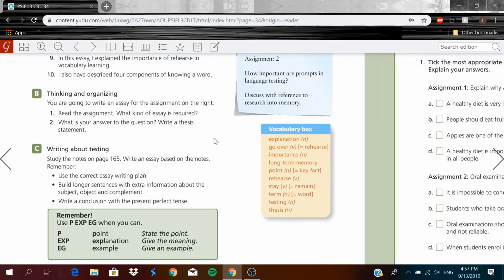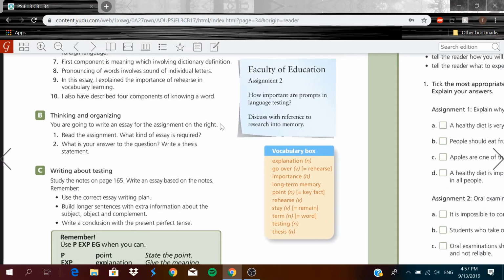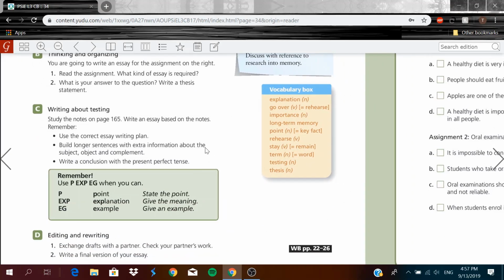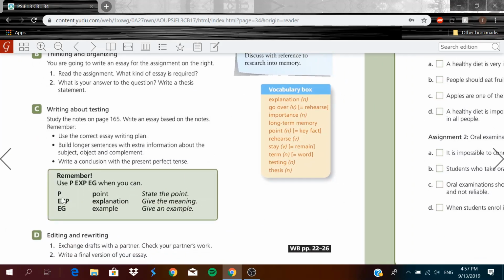So what you're going to do after this video is go and write down this argument essay about how important are prompts in language testing. And here's something to remember it by. P is point, as in state the point. EXP is explanation, so give the meaning, give your understanding.